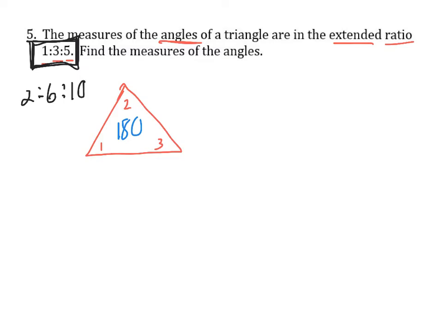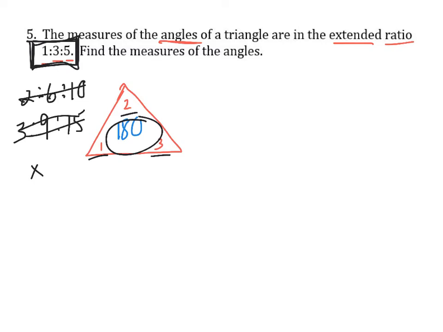Well, 2, 6, and 10 do not add up to 180. So what if I did like 3, 9, and 15? That does not add up to 180. But essentially what I'm looking for is to try to figure out what am I multiplying this by so that all three angles together are going to equal 180.